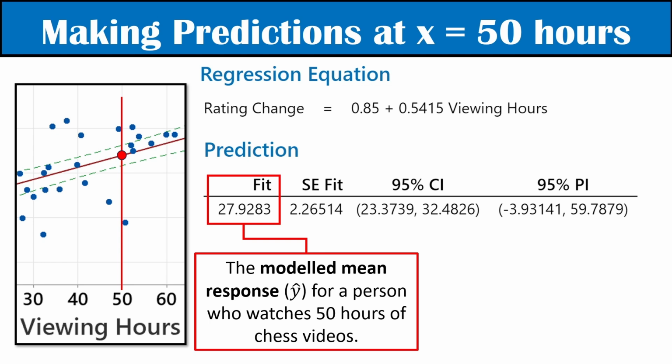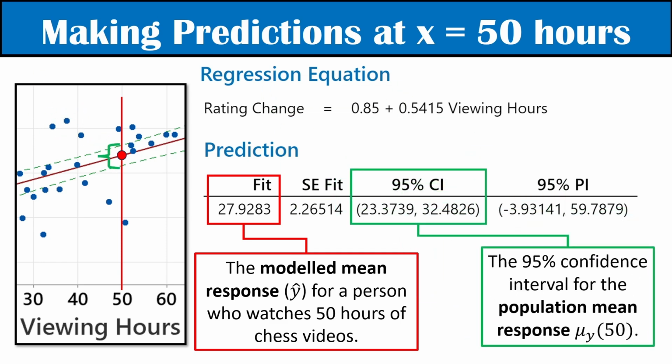What is the confidence interval for the population mean response? Here we have a 95% confidence interval for that population mean response when x is 50 hours. And you can see how that's represented on the graph. Any value of our predictor has a corresponding 95% interval, which is represented on the graph by these green dashed lines.